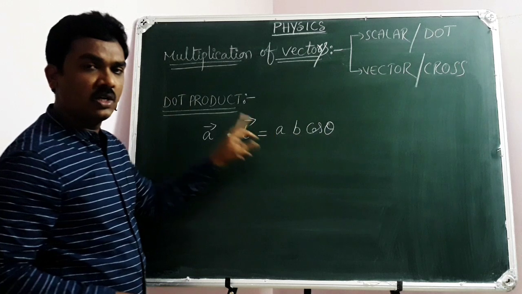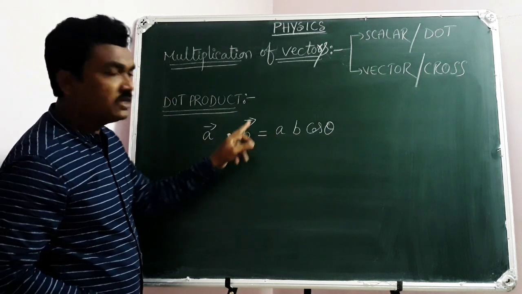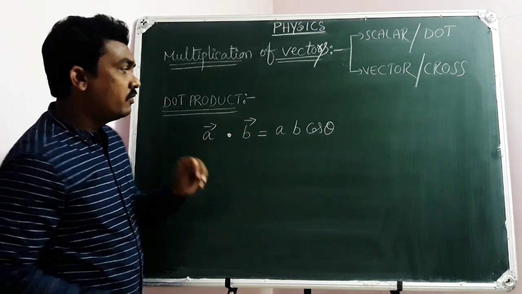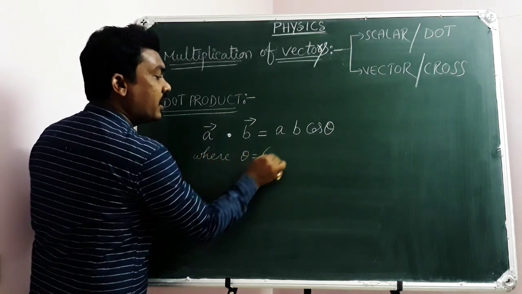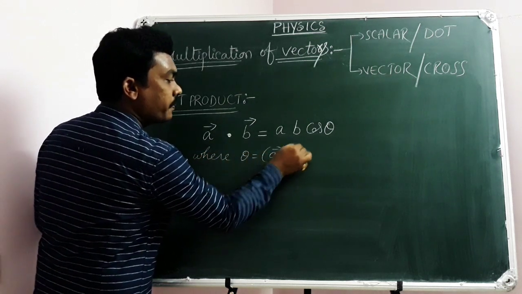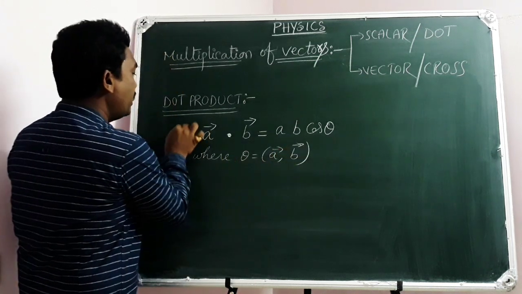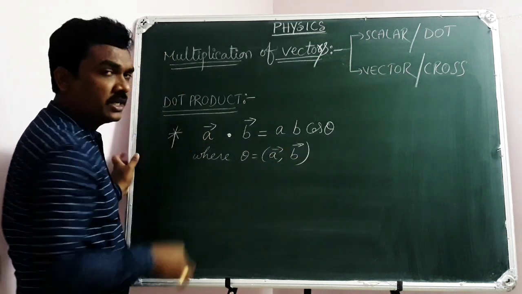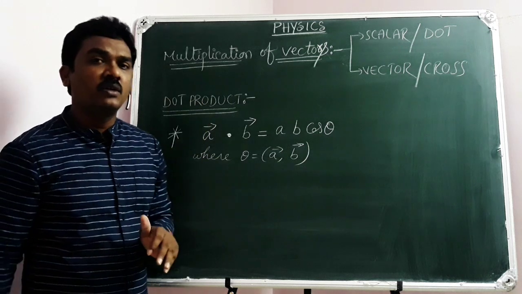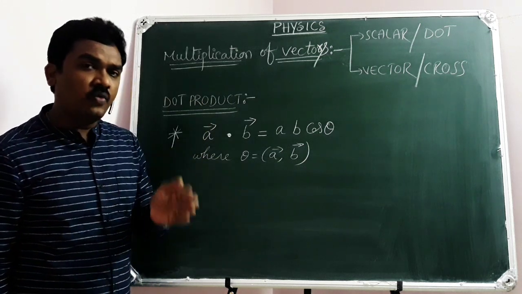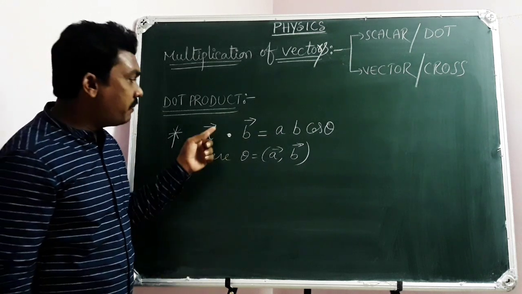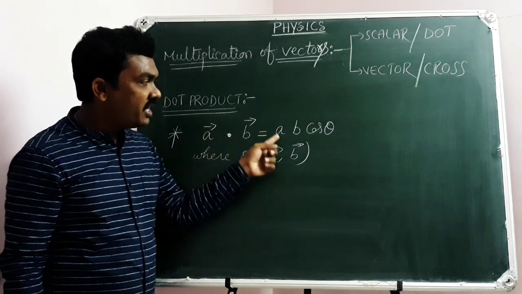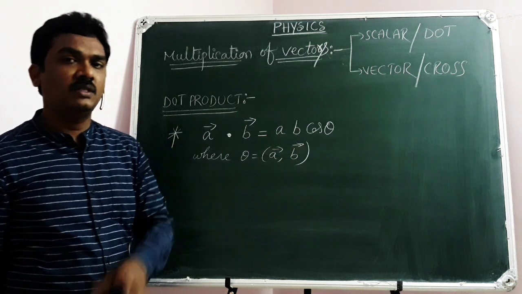A means modulus of a bar, b means modulus of b bar, where theta is the angle between a bar and b bar. So here is the first introductory definition to the dot product. So the dot product of two vector physical quantities is defined as a bar dot b bar equal to a b cos theta. This is the first point.